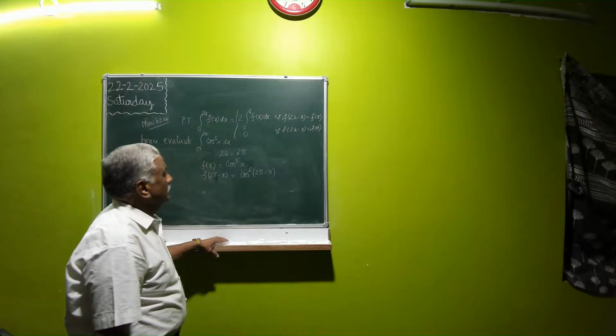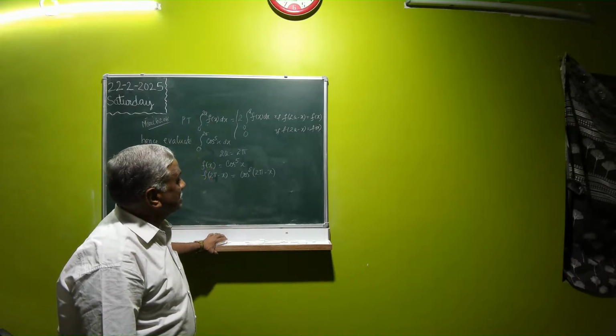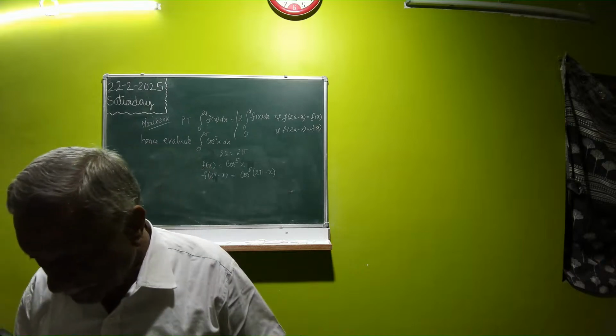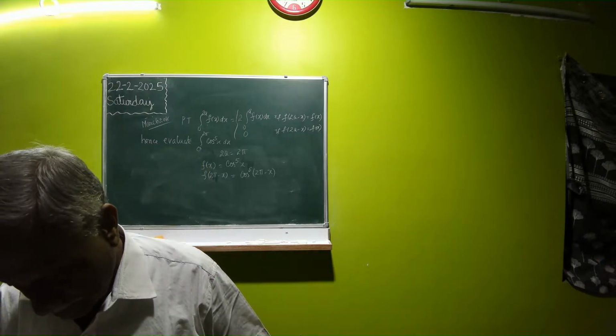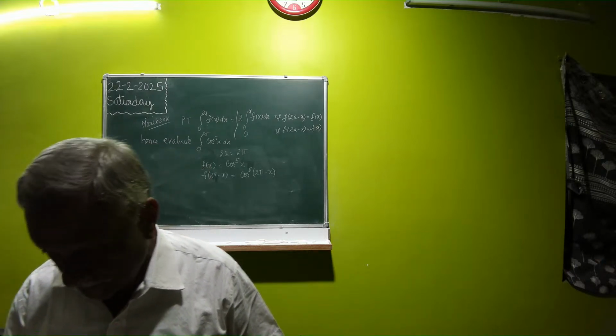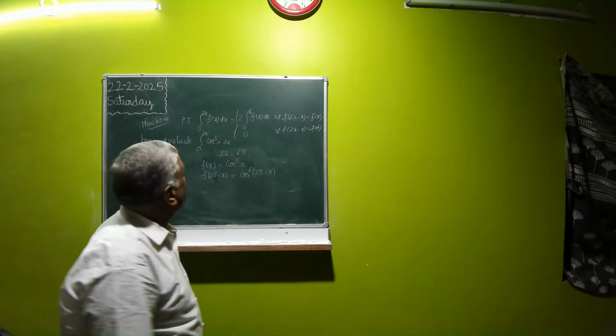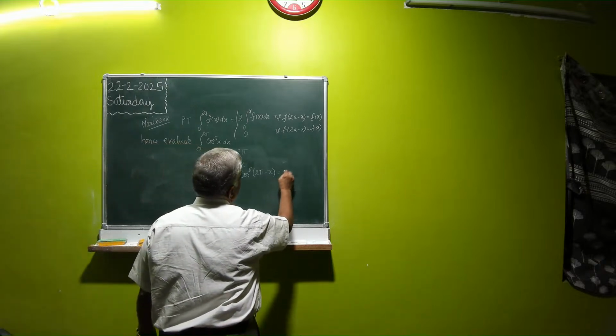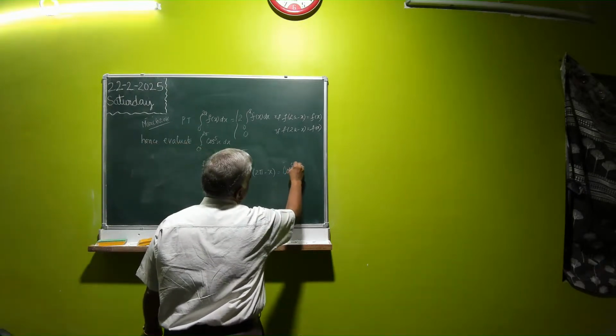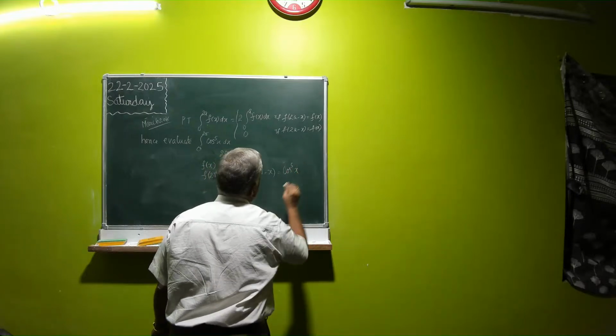So what is cos of 2 pi minus x? 2 pi is 360, so 360 minus x. This is equal to the same, cos to the power of 5x.